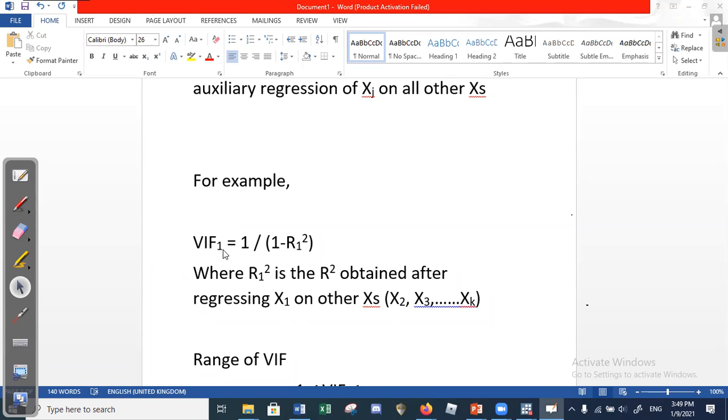So VIF1 means that I'm talking about calculation of the variance inflation factor corresponding to the coefficient of x1, which means corresponding to beta 1 hat. So it is calculated as 1 over 1 minus R1 square. What is R1 square? It is the R square obtained after regressing x1 on other x variables.